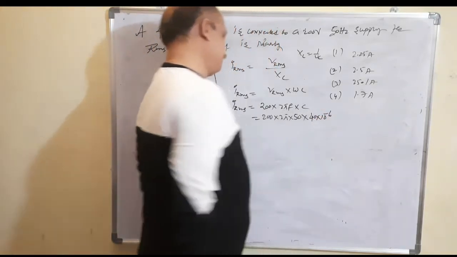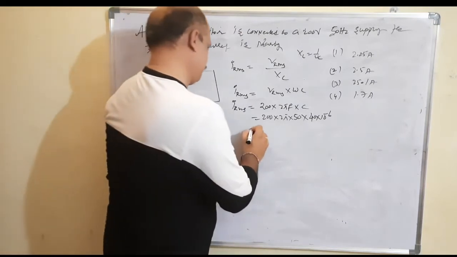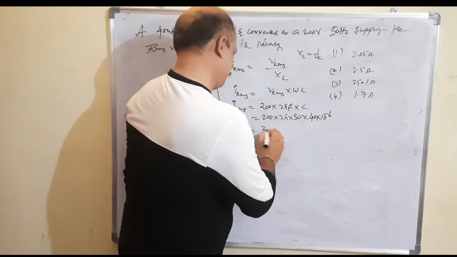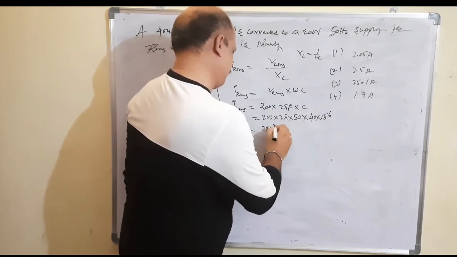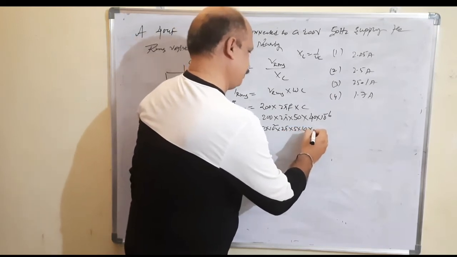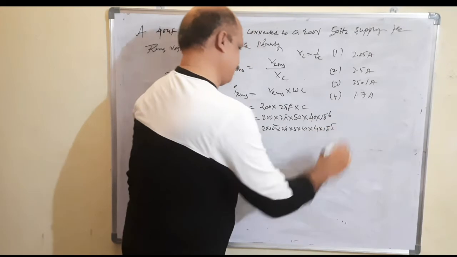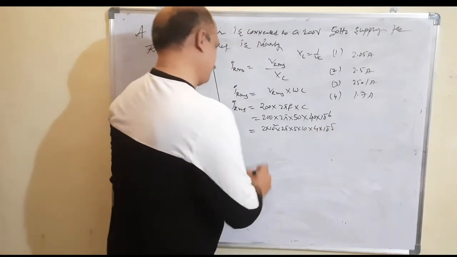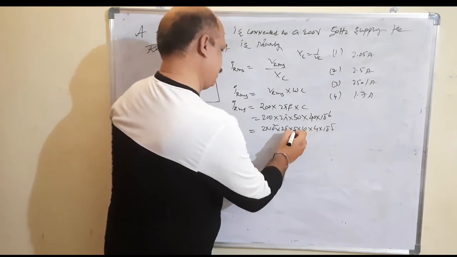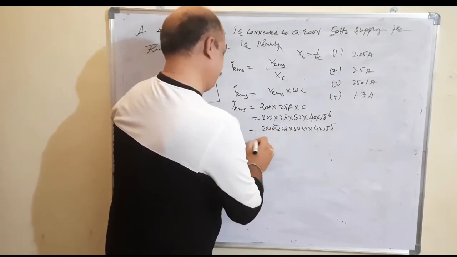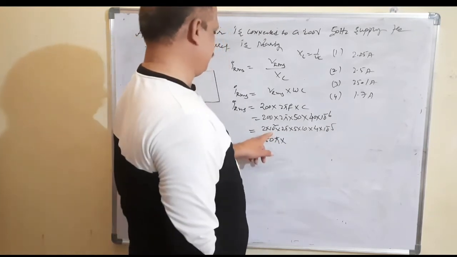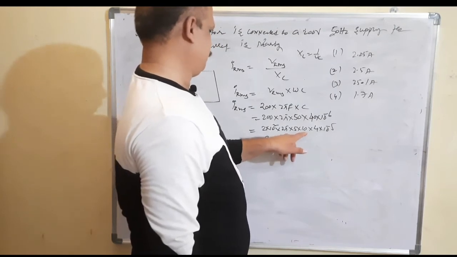Now this can be written as 2 into 10 square into 2 pi into 5 into 10 into 4 into 10 to the power of minus 5. Here 4 5s are 20, 2 2s are 4, 4 2s are 8, so 80 pi into 10 square, into 10 to the power of 1.